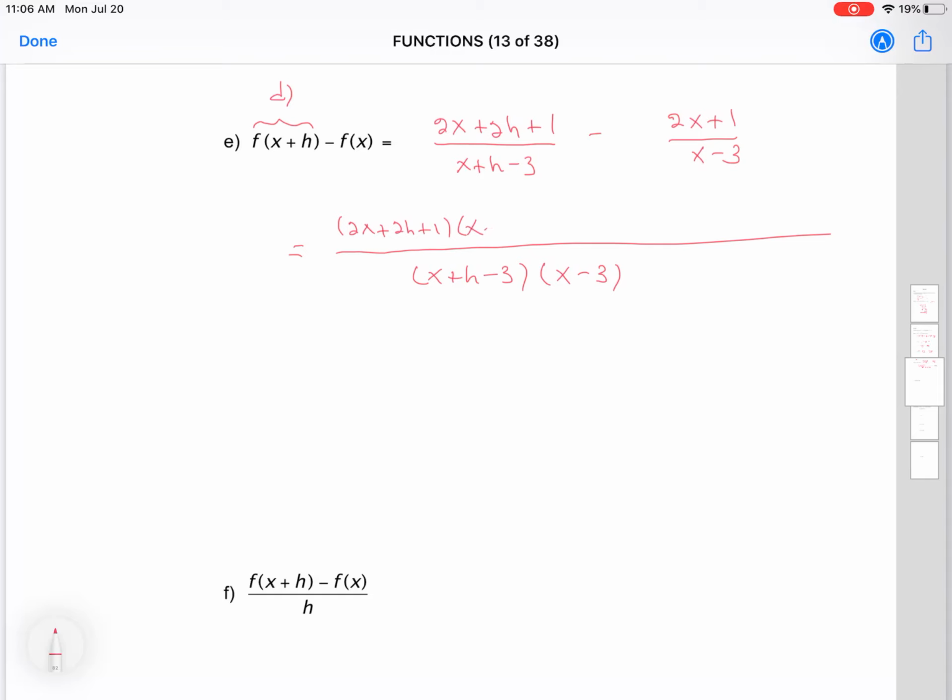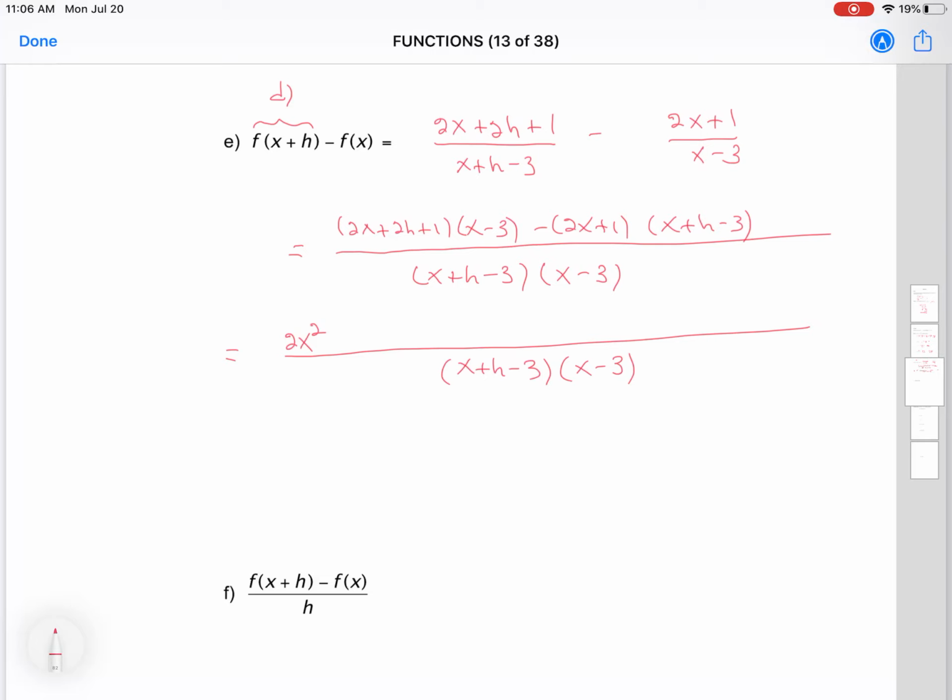So crisscross: 2x plus 2h plus 1 times x minus 3, minus 2x plus 1 times x plus h minus 3. So all again over x plus h minus 3 and x minus 3.